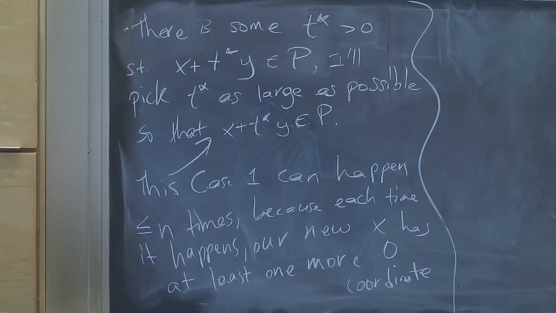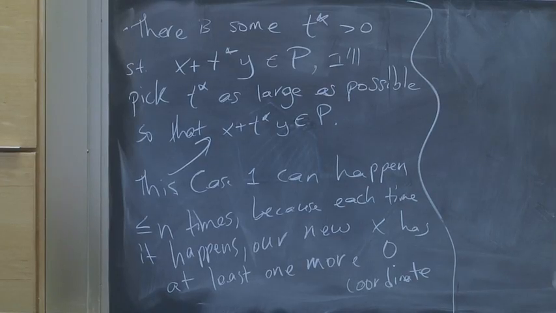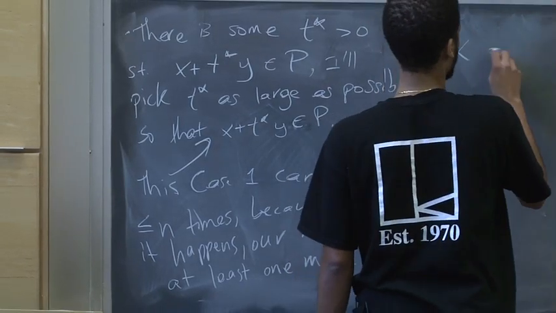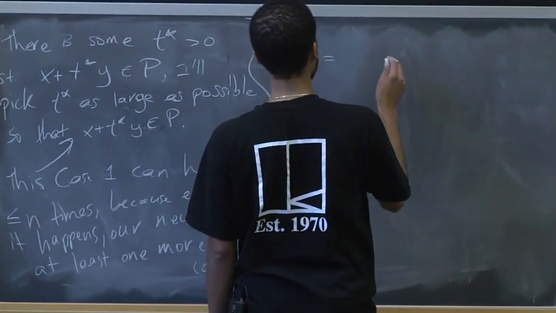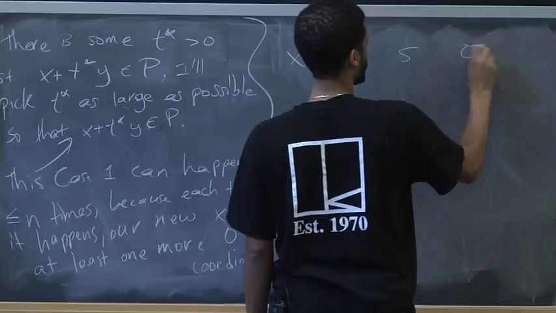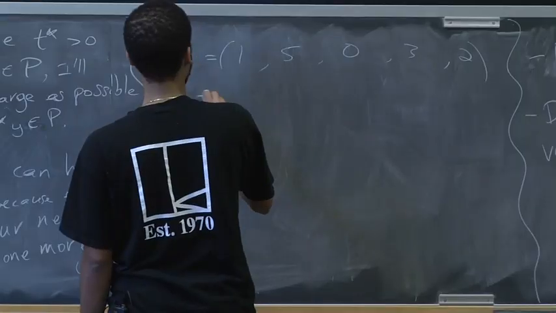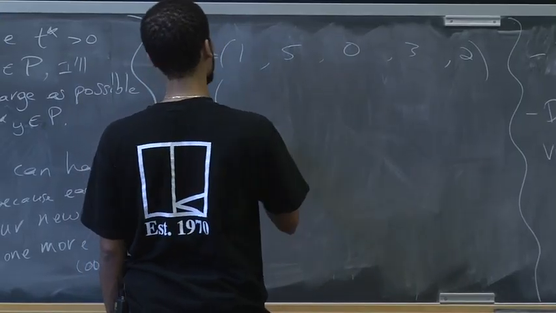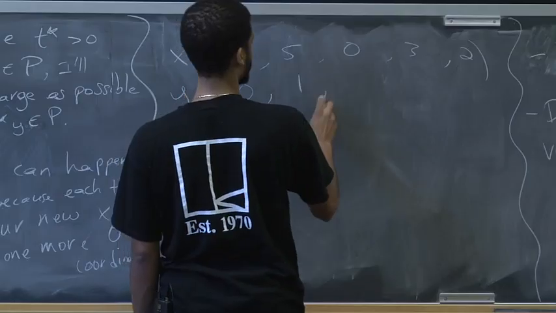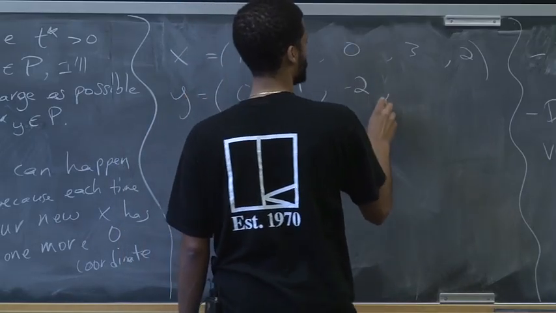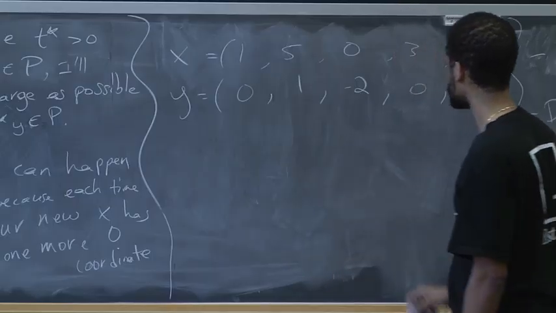Where did we use that if xi equals 0, then yi equals 0? So here's the problem. Let's write x. Let's say x is 1, 5, 0, 3, 2, something, okay? And let's say y is 0, 1, minus 2, 0, 1, or something.